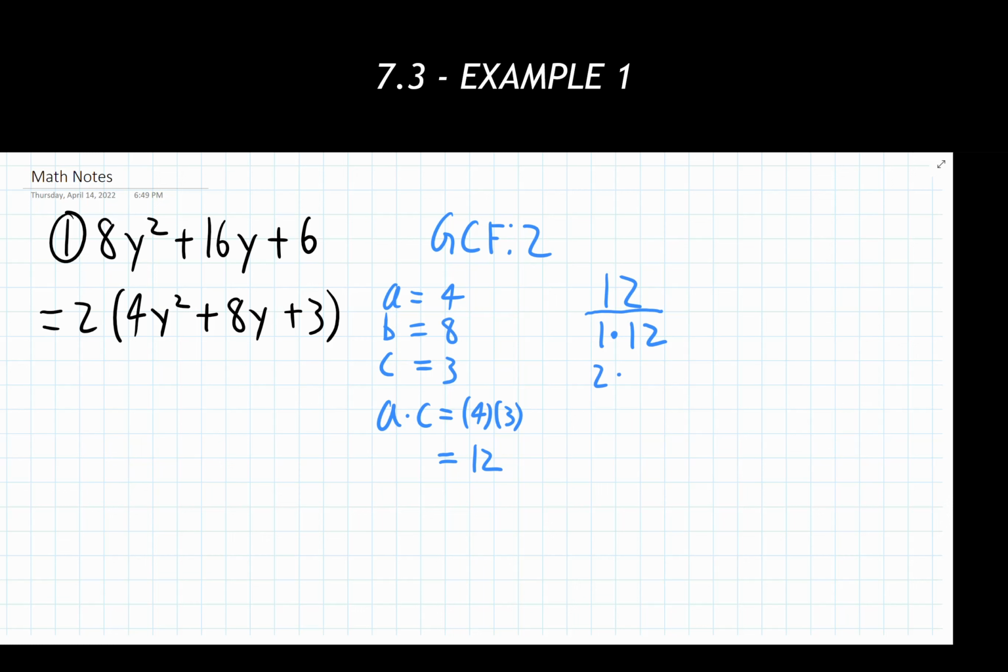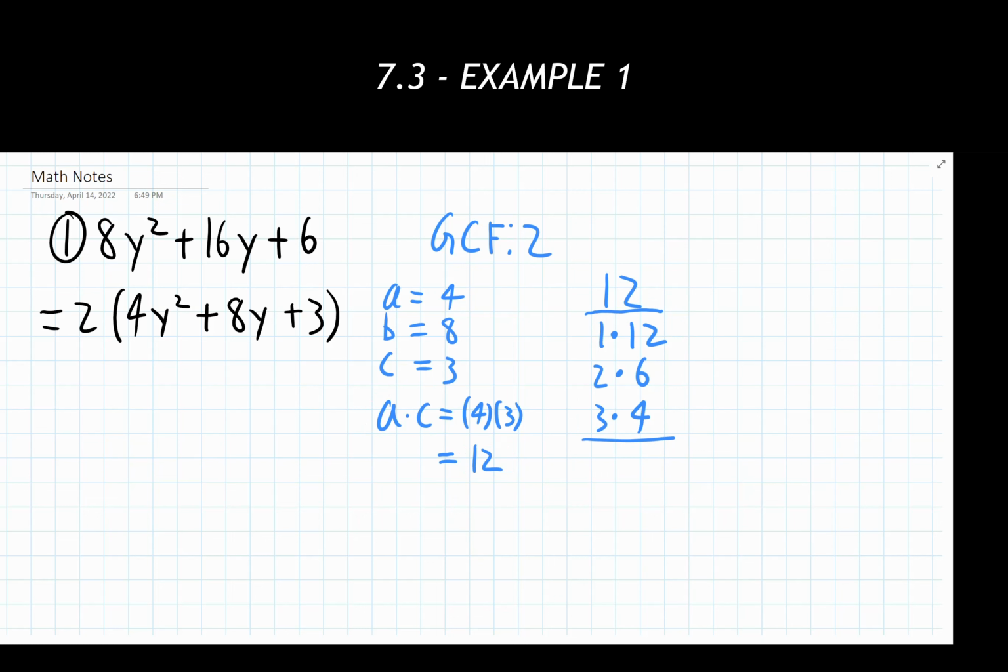Yes, it does. 2 times 6. Does 3 go into 12? Yes. 4 times, so I got 3 times 4. Does 4 go into 12? Well, I already have a 4 listed right here, so I'm now done. I now have all of the numbers that multiply together to give me my AC value, 12 right here.